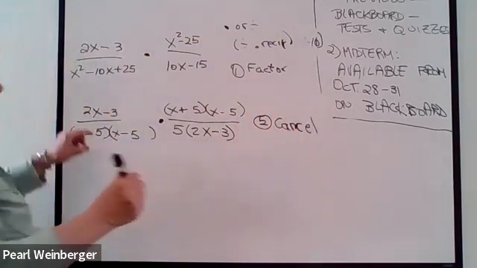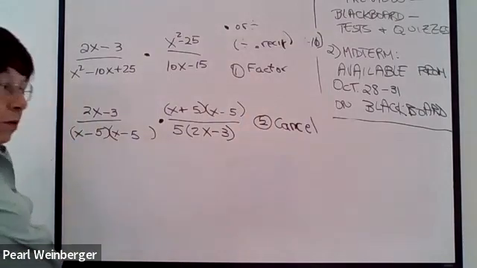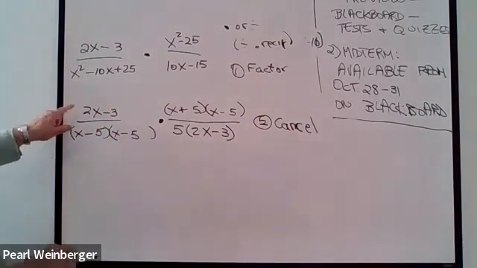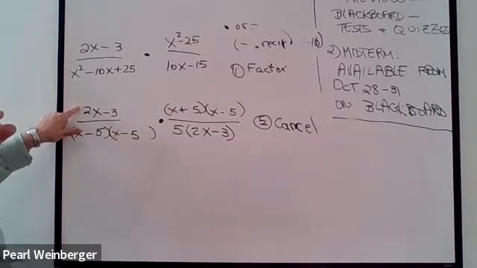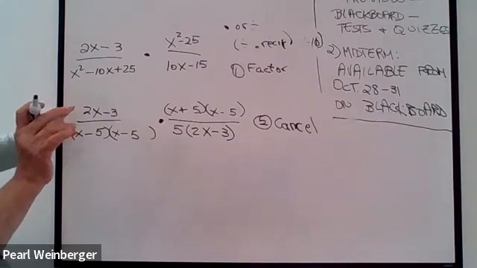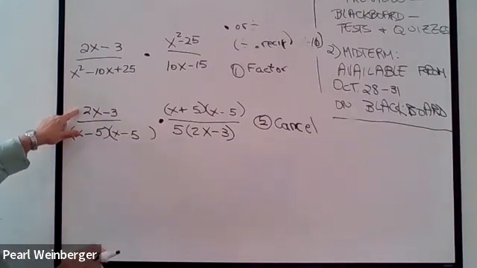We start at the top of our first fraction. And remember, these are binomials, so they have to be canceled out, the whole binomial with the whole binomial. So this is a 2x minus 3.